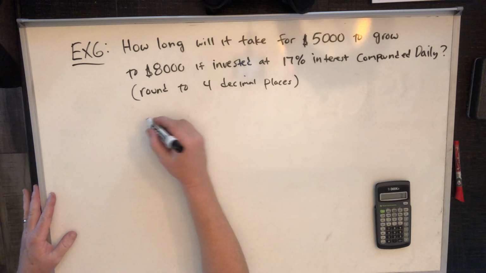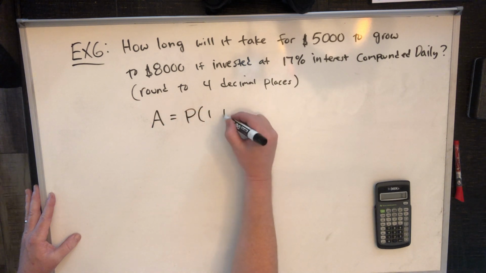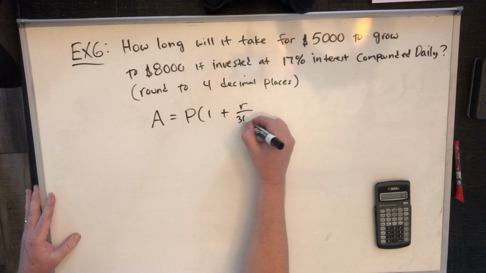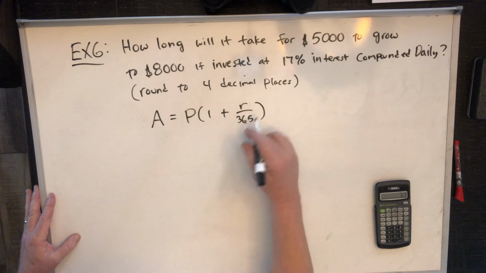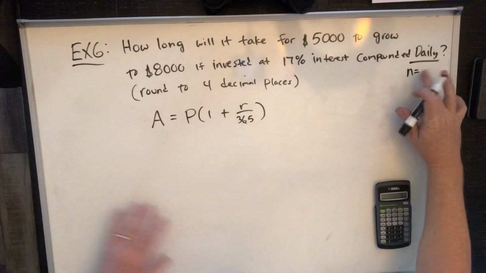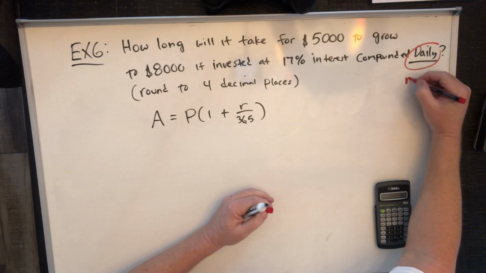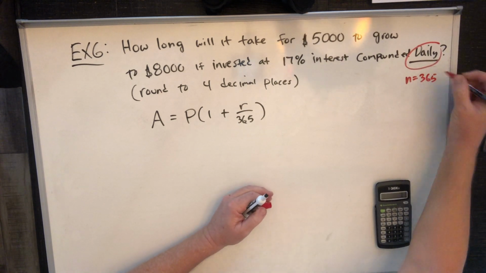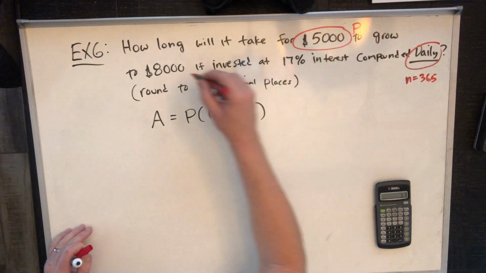So we've got our A equals P(1 plus r over 365), because we're compounding daily. So n is 365. Our principal is 5,000.